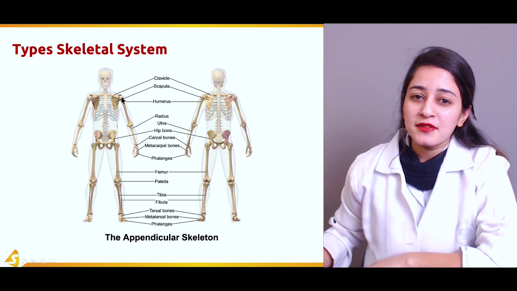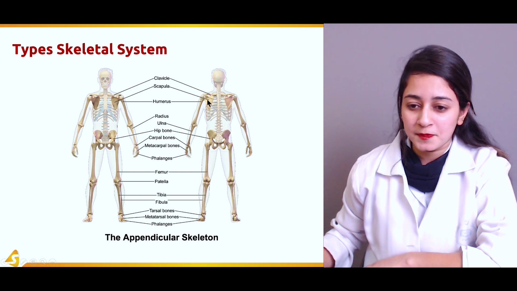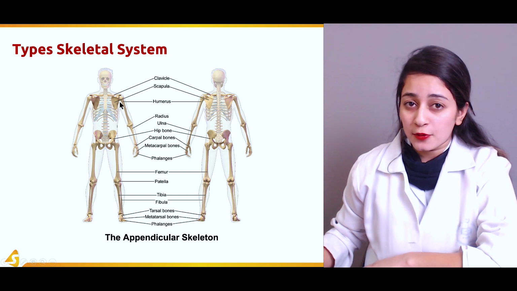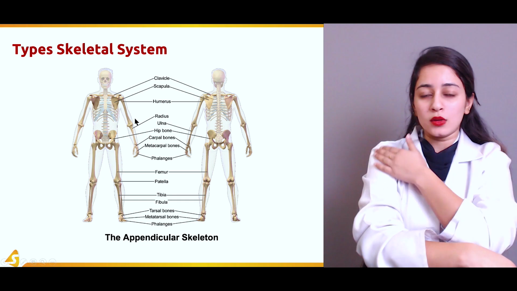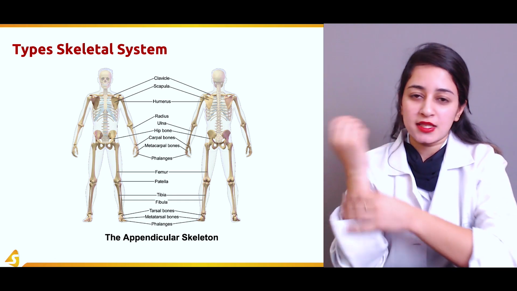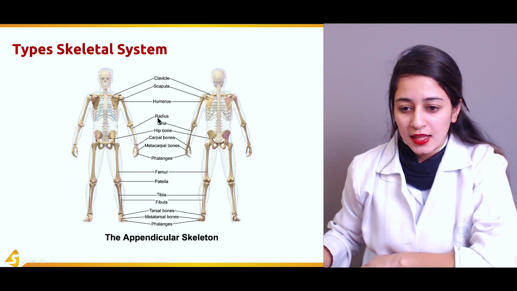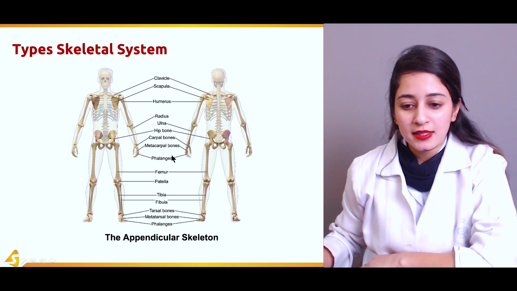Then we have the scapula, which is present on the back side. Here we have the humerus, which is the part of the arm, part of the upper limb. Then we have the radius and ulna, which form the forearm. Then we have the carpals, metacarpals, and phalanges.